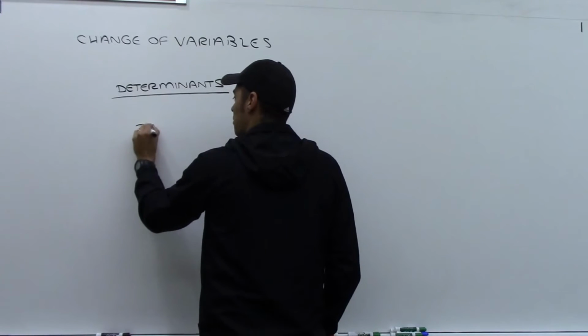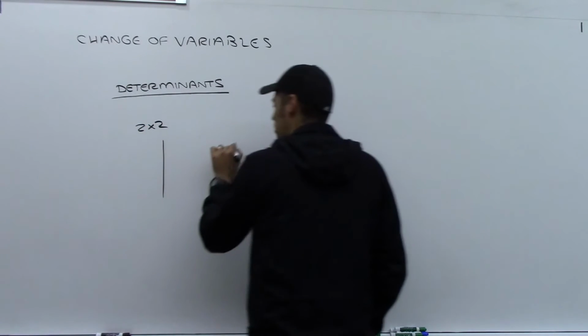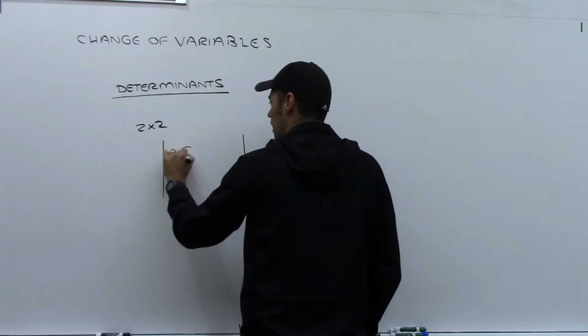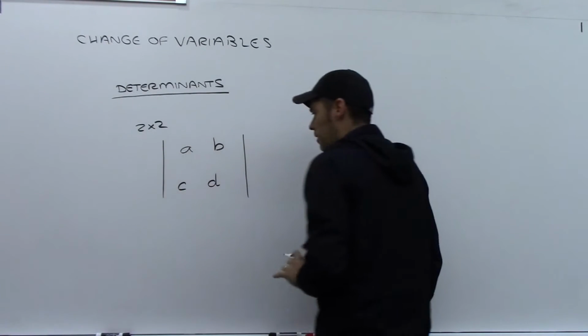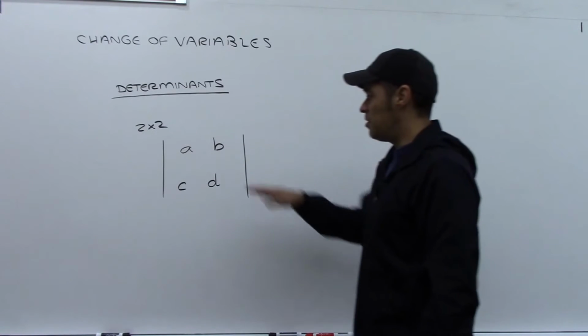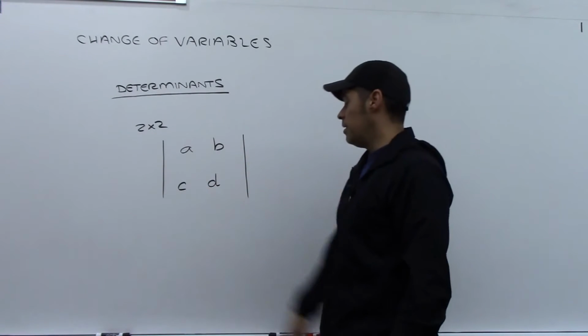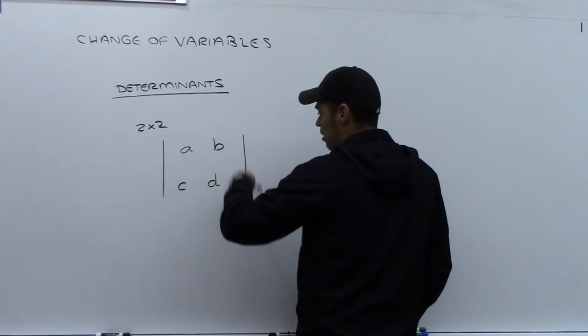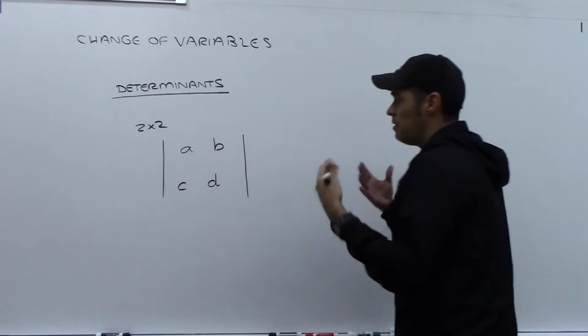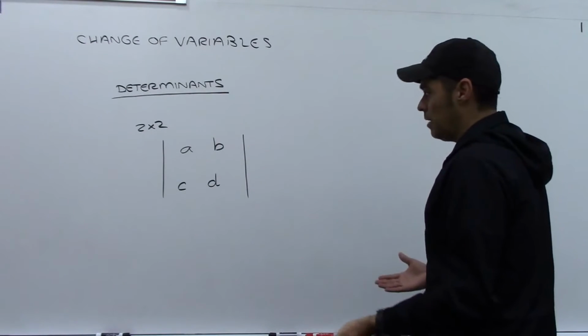Let's say we have a 2x2 matrix. It has 4 numbers in it. Now these don't have to be numbers, they can be a lot of different things, but for us these are either going to be numbers or functions. So we have a 2x2 matrix, and we put these bars on the side to represent the fact that we are going to find the determinant.